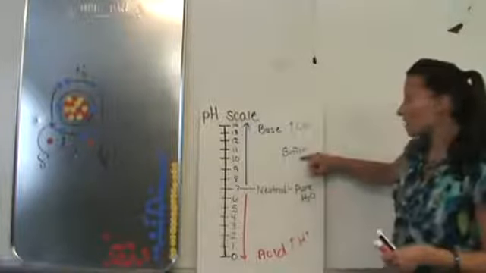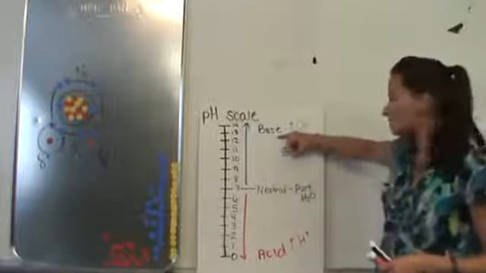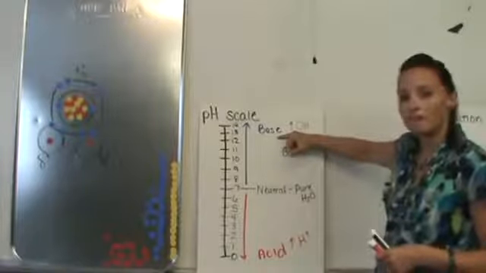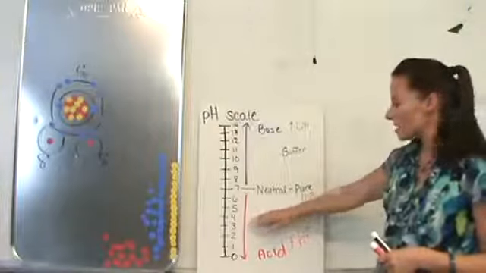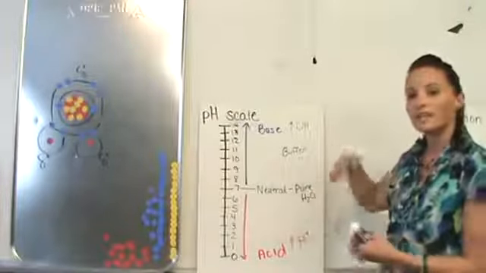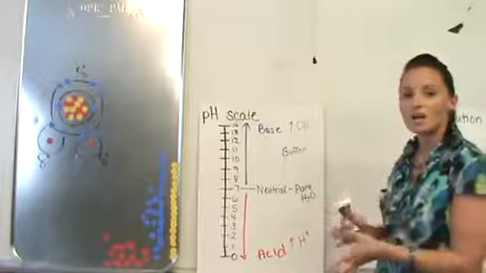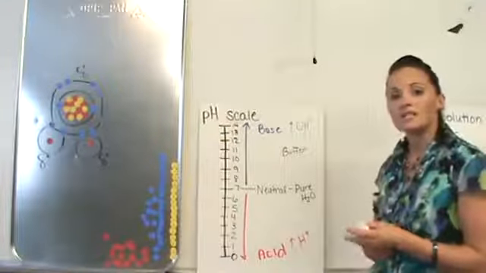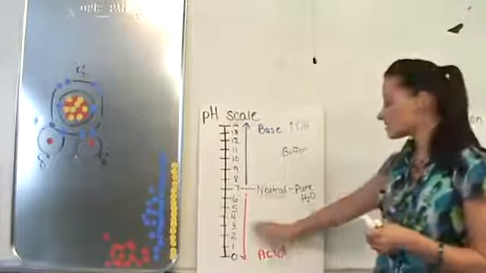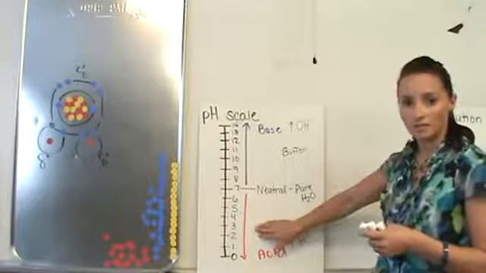So, if you have a very strong base and you have a weak acid, but that acid has been buffered, when you add that strong base, it's actually not going to turn it neutral or turn it back to a base. What's going to end up happening is if it's been buffered, it's going to stay in that acid place.